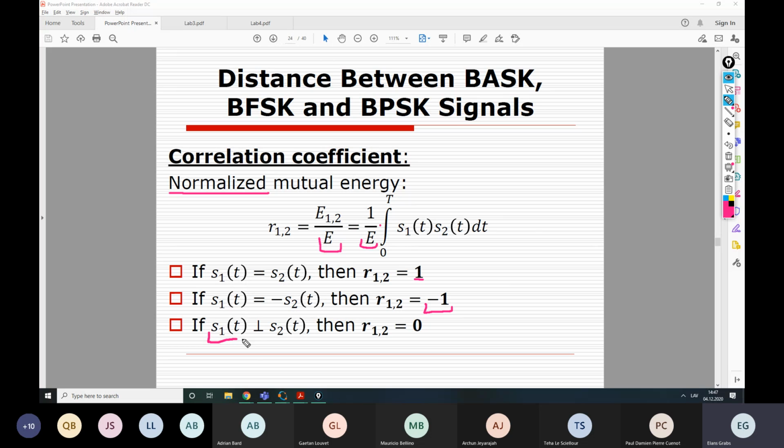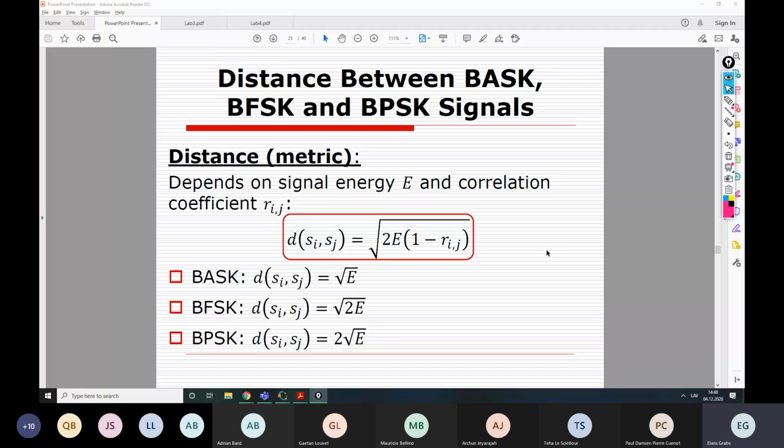Now, last case, if the signals are orthogonal to each other, this is the geometrical sign of orthogonality, then the correlation coefficient is 0, meaning that these two signals have nothing in common. So they absolutely are independent. And this turns out to be the case, for example, for sin x and cosine x, and many other sines and cosines with different frequencies.